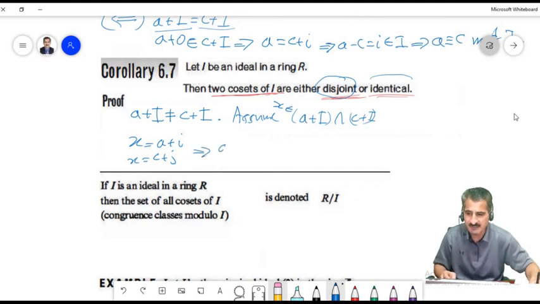And that means these two elements are equal, a plus i equals c plus j. But that means a minus c equals j minus i, which belongs to I. And that means a minus c belongs to I. That means A and C are congruent modulo I.